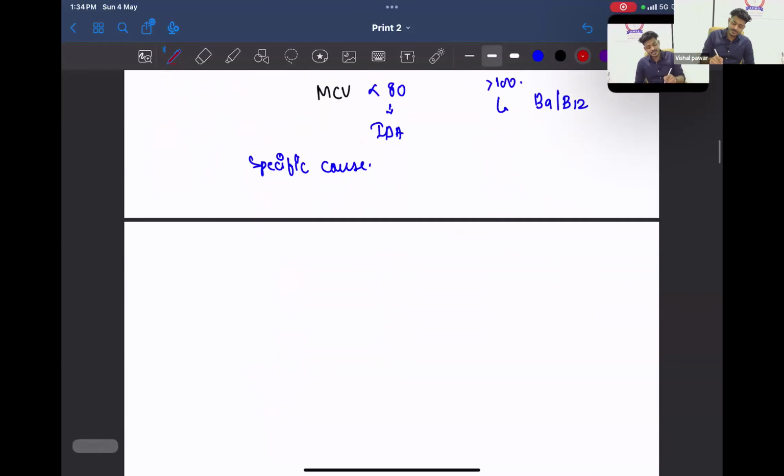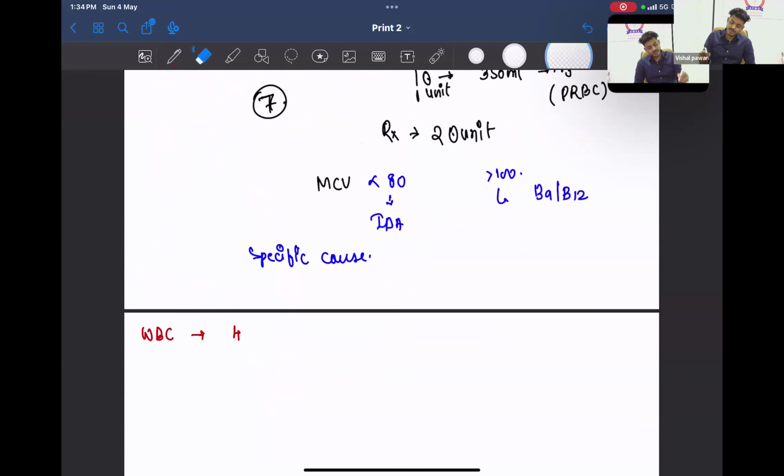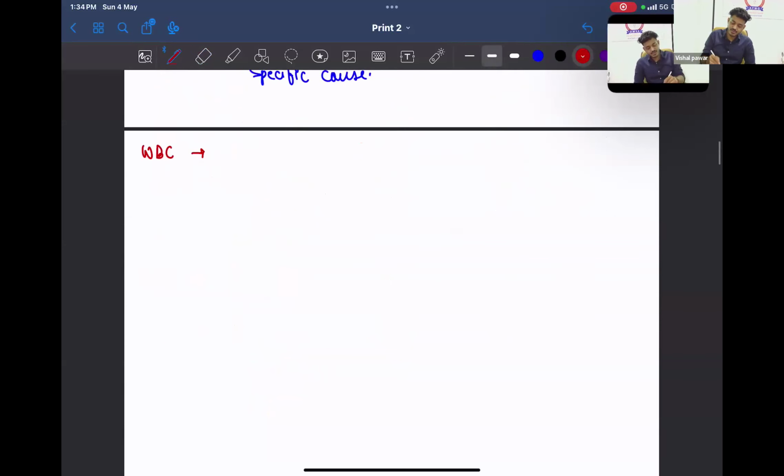What about WBC? Normal value of WBC? 4 to 11. Yes. So 4,000 to 11,000 is the value of WBC. Right? If the value is less than 4K, that is going to be what? Leukopenia.